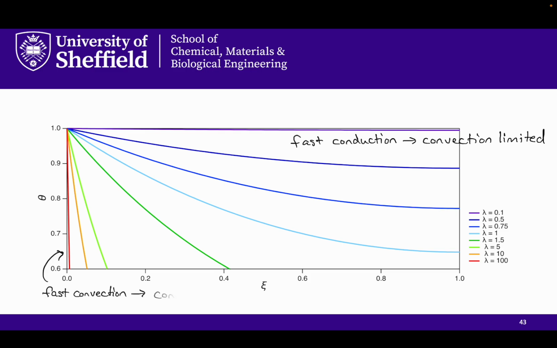Moving to the other side of things, if you have a relatively large value of lambda, you have a situation where the temperature profile down the length of the fin is also almost isothermal, because all of the heat is lost in the first part of the fin.